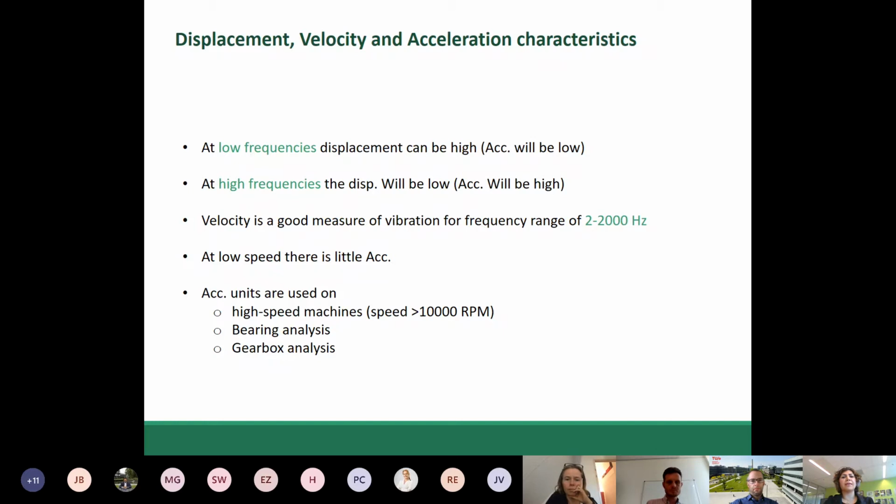If the frequency range that we want to study or focus on is between 2 to 2000 Hertz, velocity is a better measurement. And for high speed machines, where the speed is more than 10,000 RPM, or when we want to do bearing analysis or gearbox analysis, using a sensor to measure acceleration is a better option. It is recommended.